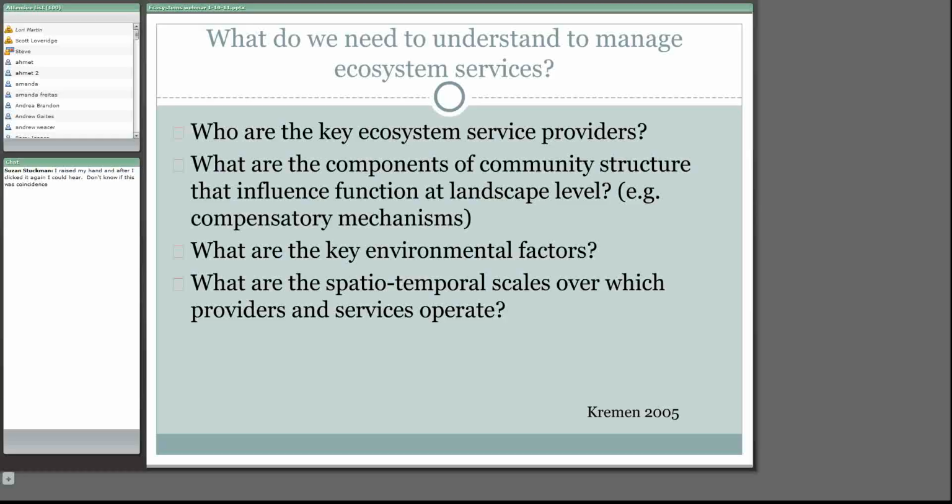What are the key environmental factors, not only biotic, but also abiotic? How are those influencing? And also, what are the spatial and temporal scales over which providers and services operate? So in space and time, how do these services affect each other?